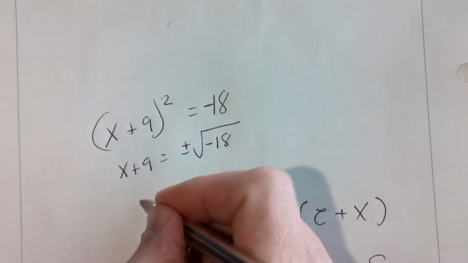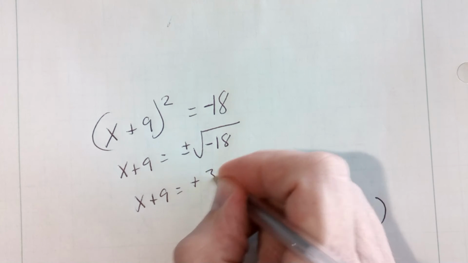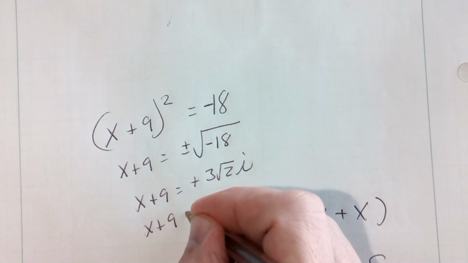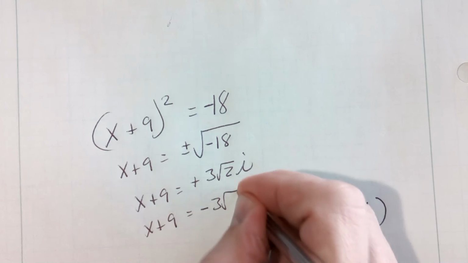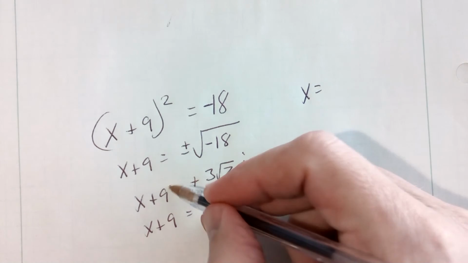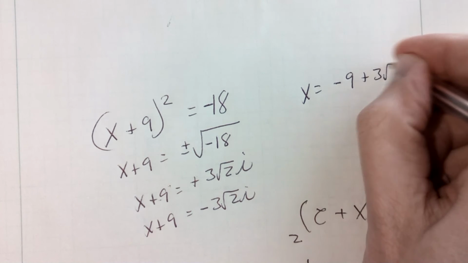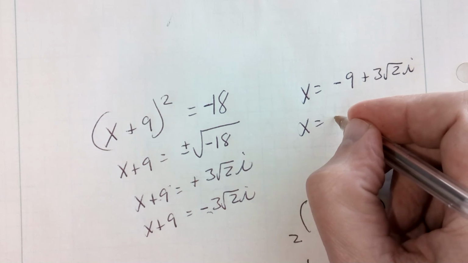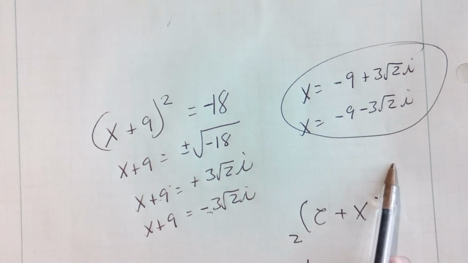Well, that means x plus 9 will either equal a positive 3 square roots of 2i, or x plus 9 equals a negative 3 square roots of 2i, and then you minus the 9 over. So x will equal, when I minus the 9 over, a -9 plus 3 square roots of 2i, or x will equal a -9 minus 3 square roots of 2i, which would be your two complex solutions.